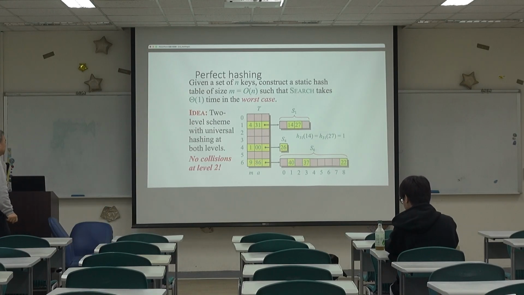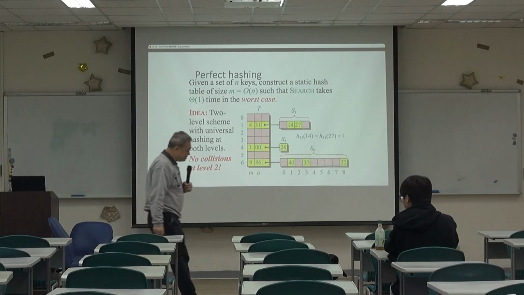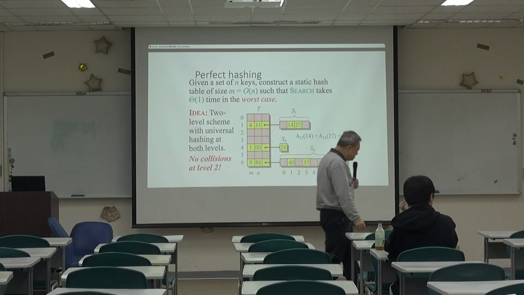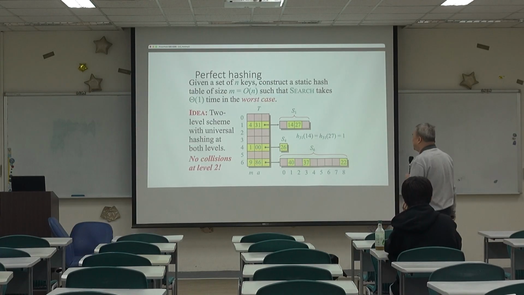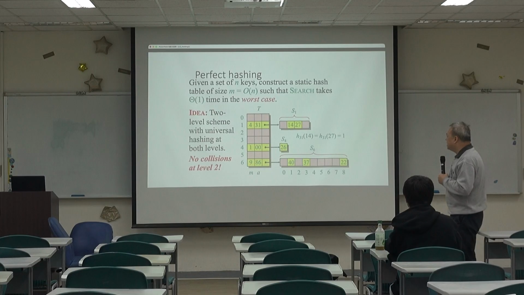Okay. So back to the perfect hashing. What is perfect hashing? The idea is like this. You are given a set of n keys.